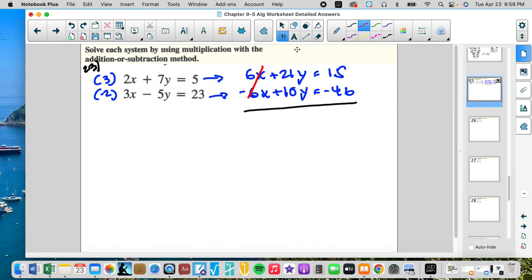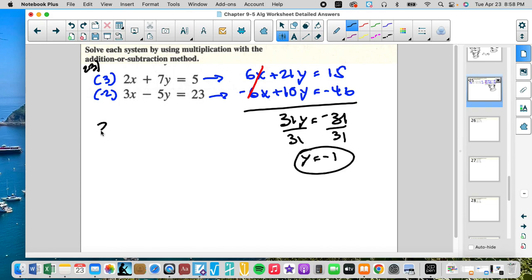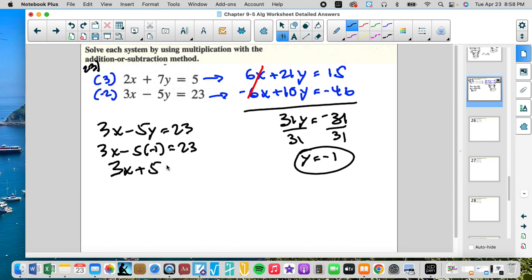This time the x's cancel. That's 31y equals negative 31. And divide by 31, divide by 31. y equals negative 1. 3x minus 5y equals 23. 3x minus 5 times negative 1 is 23. 3x plus 5 equals 23, minus 5. 3x equals, what's that?